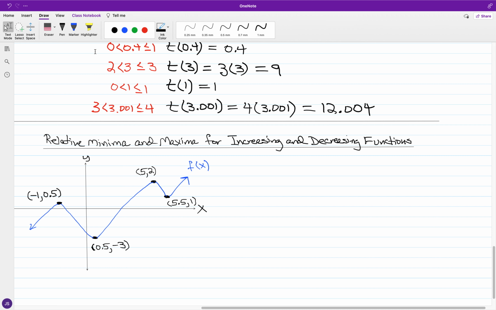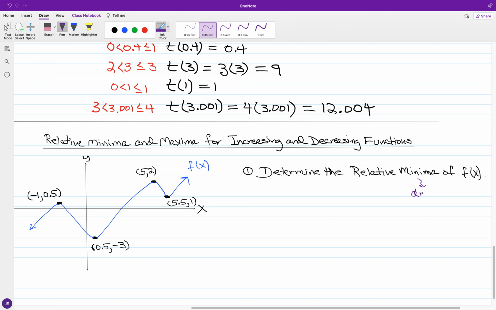First of all, regarding relative minima and maxima, first of all, if I were to determine the relative minima of f of x, now for the minima, you can just call those the locations where you have the dips to occur.